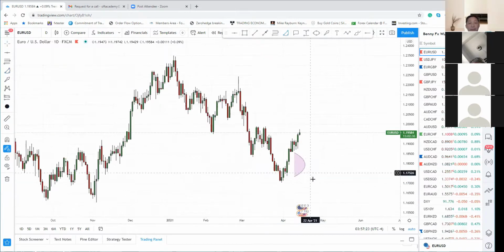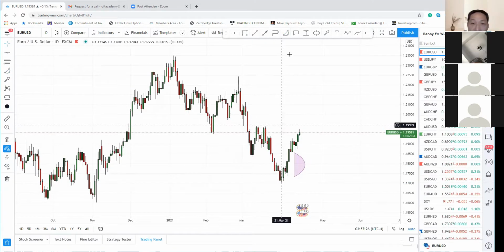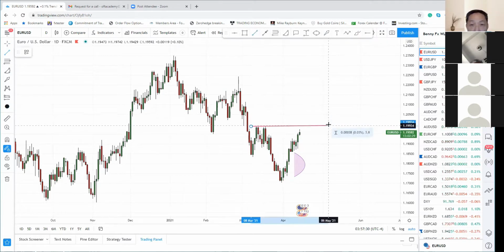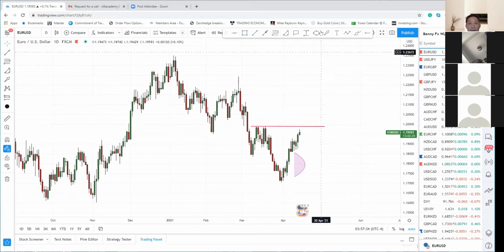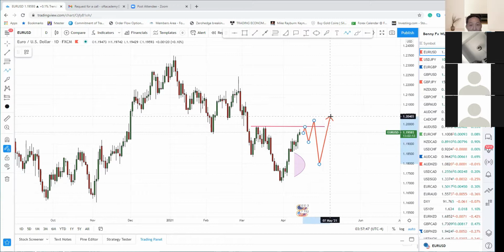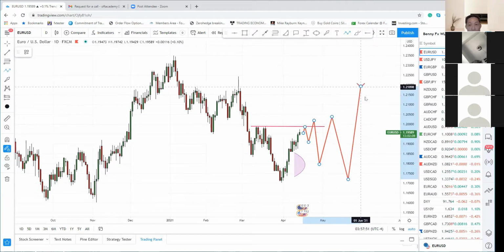So potentially, in future, once the price has cleared this stop hunt, we might see the price come down. For now, you might see the price go up, come down, clear stop hunt, come down, clear this, then go up, clear the gap, then go down, then all the way up.